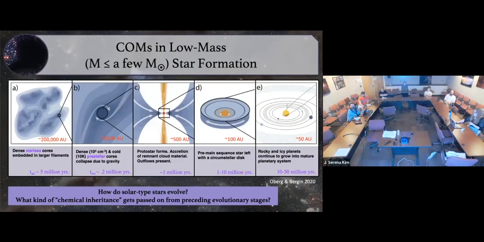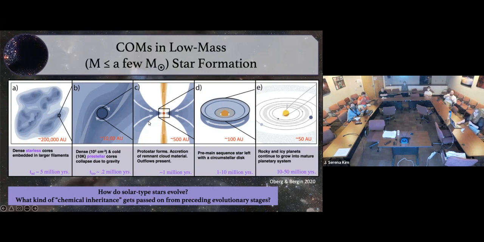The best place to answer this question is in low mass star formation, because you will eventually get a solar system type system where you can have potential life like our own solar system. This is the picture of low mass star formation, where you have a molecular cloud that condenses down in filaments, and there are these starless cores or prestellar cores, which are the dynamically evolved and gravitationally bound versions of those starless cores.